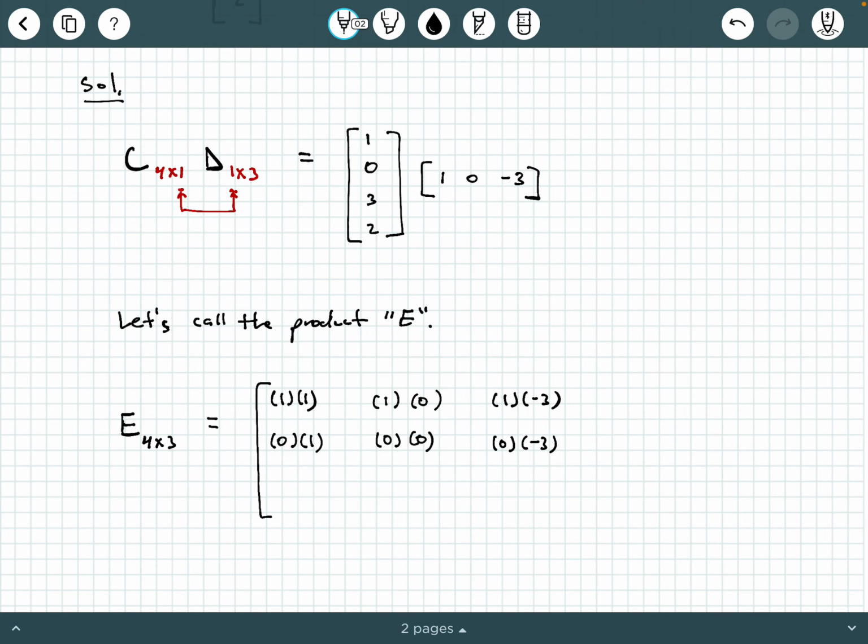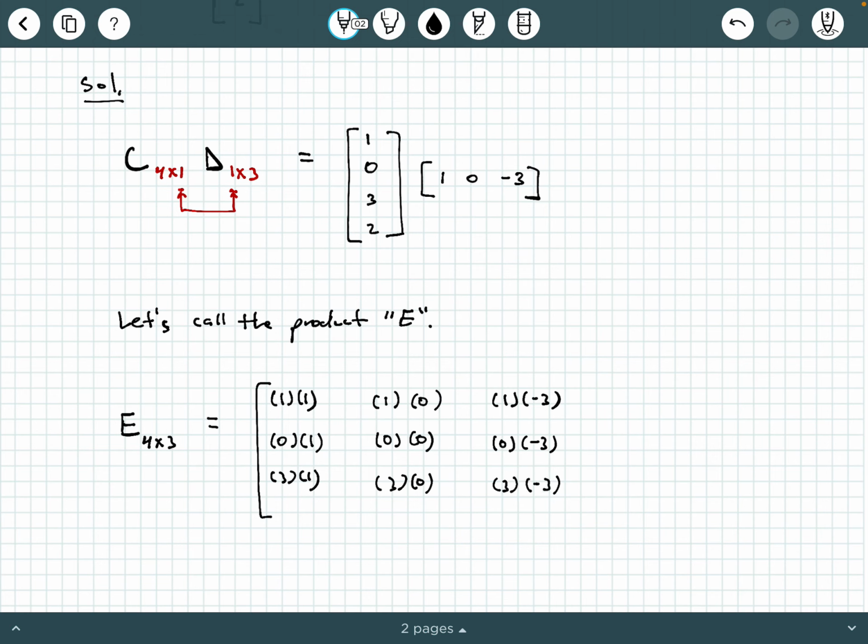That's it. Okay, moving on down. The third row by each of the columns in the second matrix. So row 3 by column 1, 3 by 1. Row 3 by column 2, that's 3 by 0. Row 3 by column 3, that's 3 by negative 3.